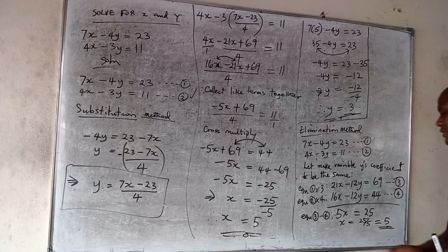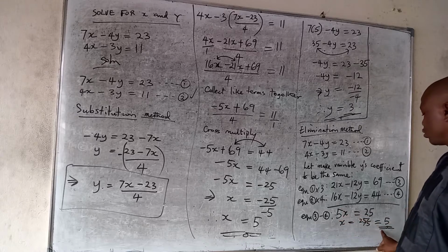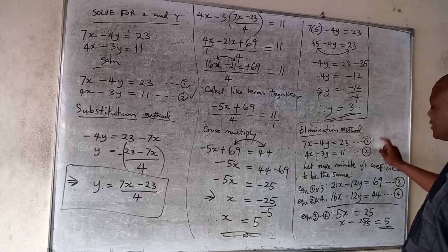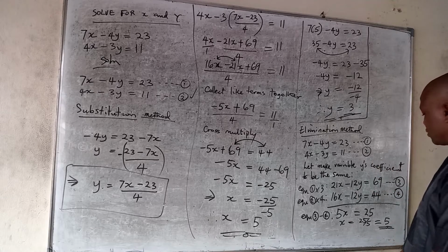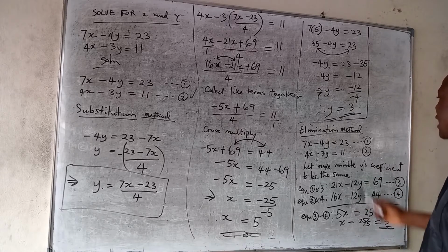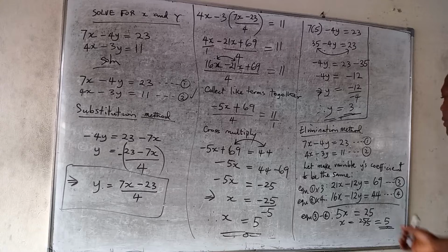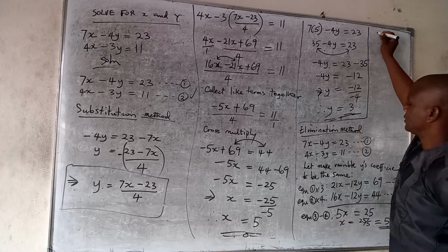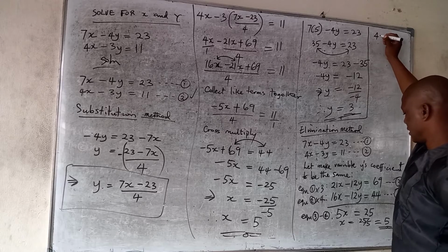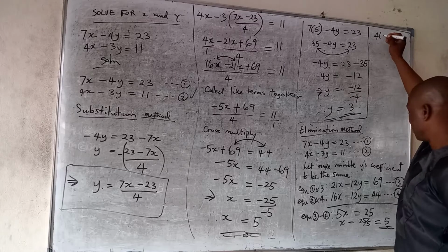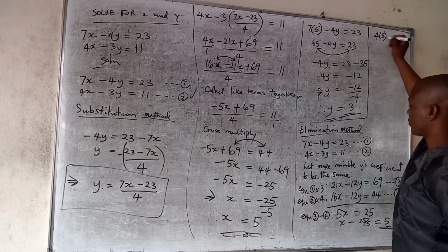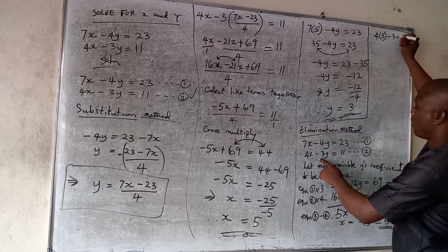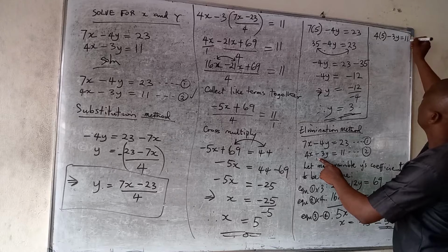In order to get y, you substitute the value of x into either of these equations. If you do that with equation 2, you have 4x, our x now is 5, minus 3y is equal to 11.